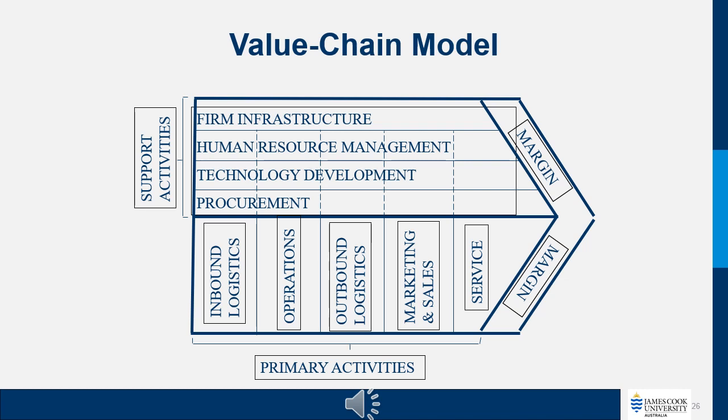These activities indirectly support the primary activities and help optimize efficiency and effectiveness. They include procurement, technology development, human resource management, and infrastructure. So support activities provide necessary resources, capability, and infrastructure to facilitate the primary activities.